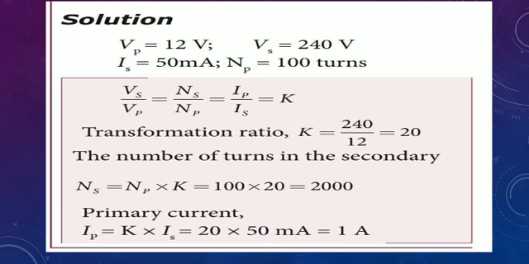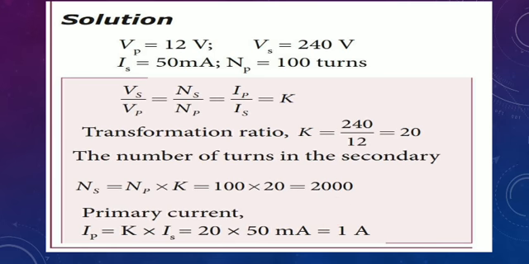It is easy now. Now come to the primary current. How to calculate the primary current? From this side, Ip divided by Is equals K. From this you take Ip is equal to K into Is, because Is is given as 50 milliampere. What is K? 20 into 50 milliampere is 1 ampere.